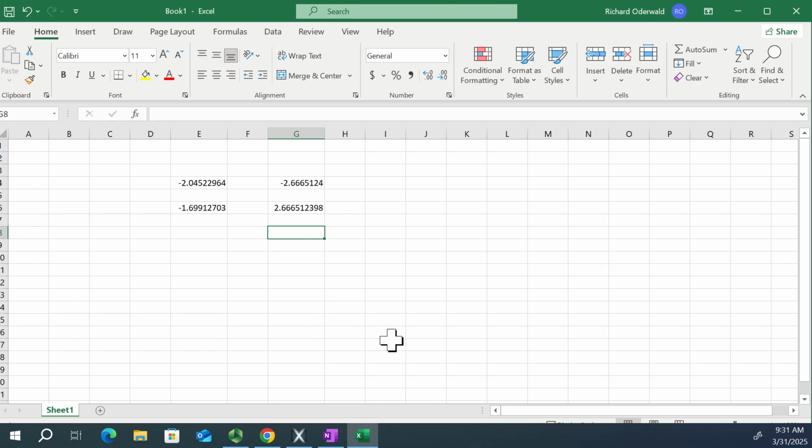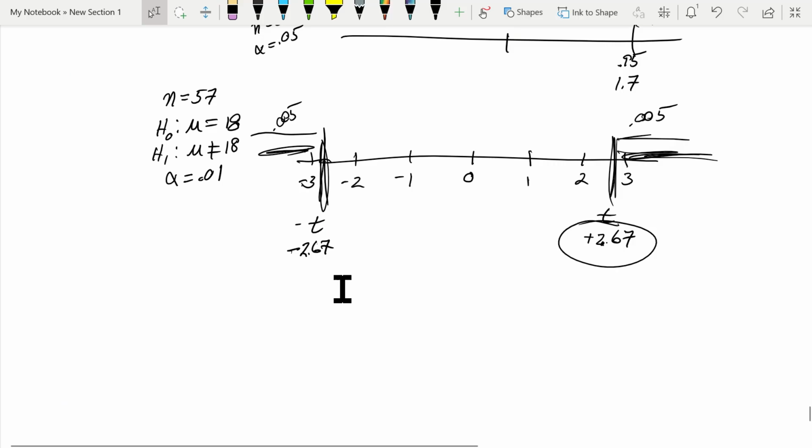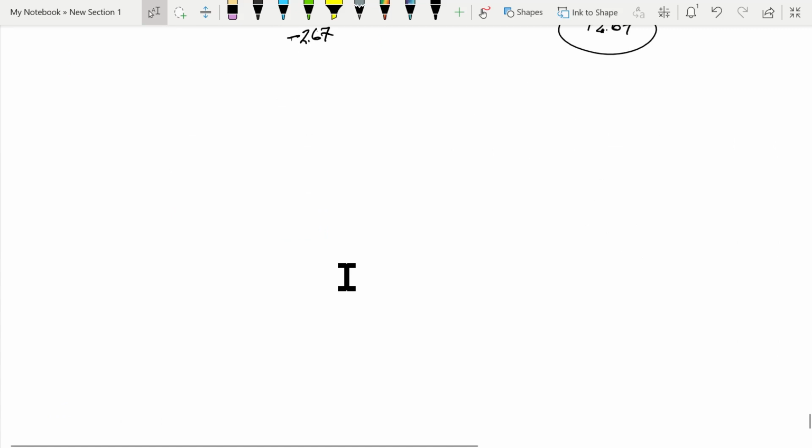Look at number 2. What's the difference between number 2 and number 1? Sample size is different. The null hypothesis is that the population proportion is greater than half.